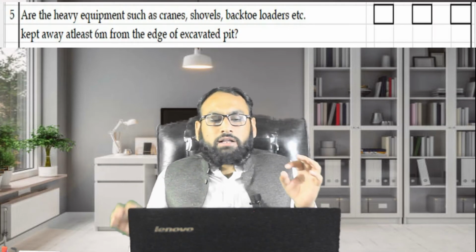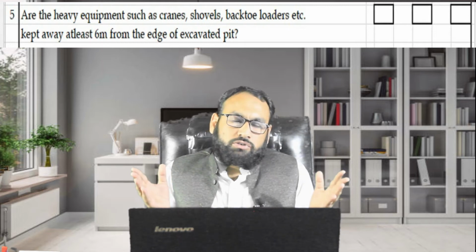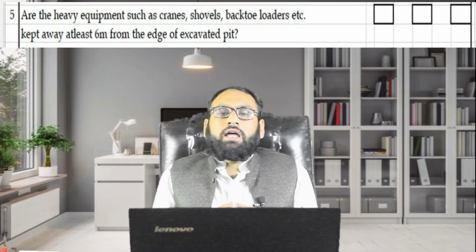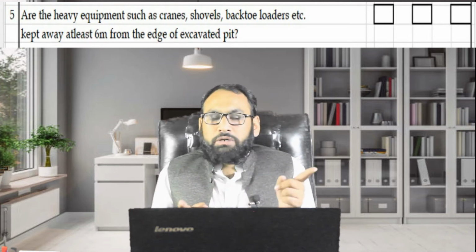The fifth point is: are heavy equipment and machinery like bulldozer, excavator, crane, or truck mixer kept at least 6 meters away from the edge of your excavation? This must also be in your mind.